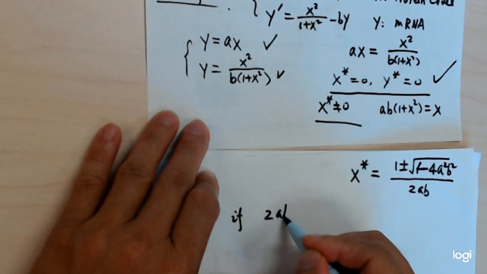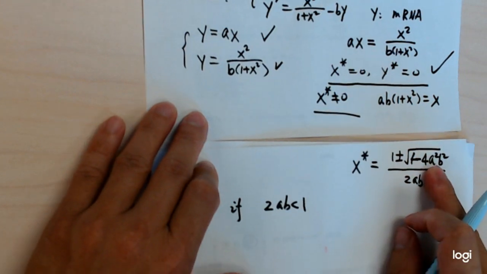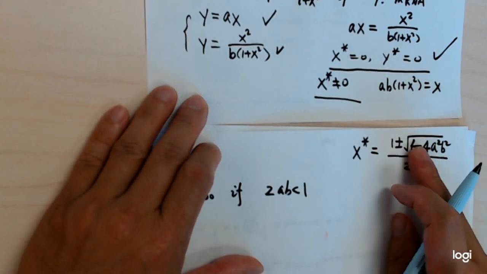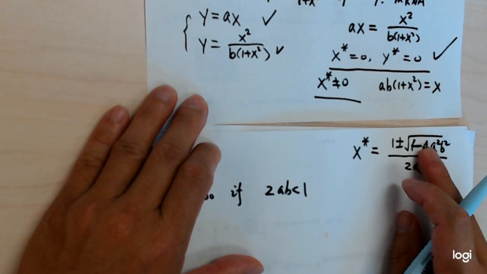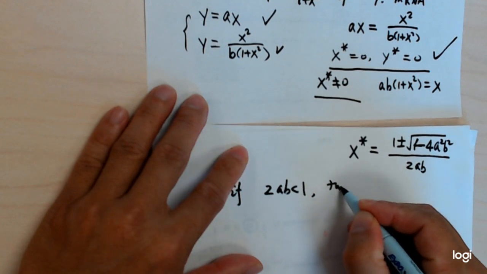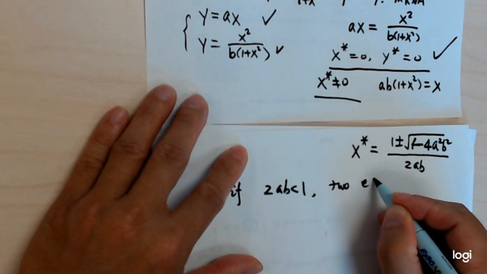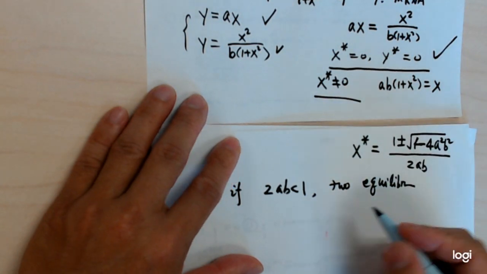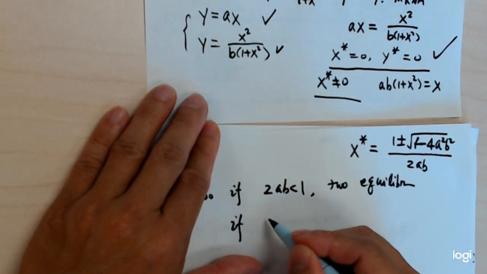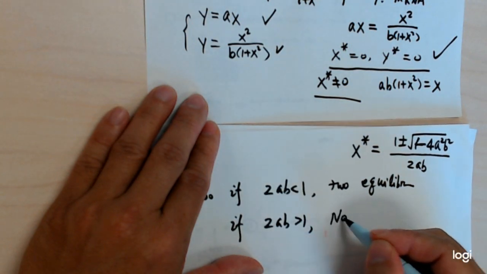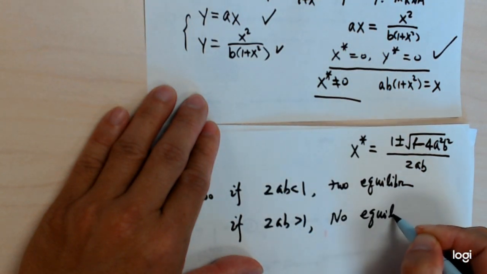If 2ab is less than 1, this discriminant is positive, then there will be 2 additional equilibriums. But if 2ab is bigger than 1, there won't be any additional equilibrium other than just 0, 0.